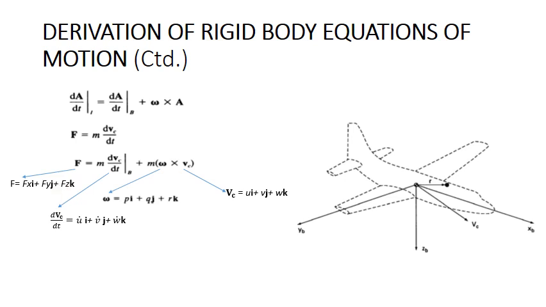Equating i, j, and k coefficients from both the right-hand side and left-hand side of this equation, we get the following three equations: Fx equals m times this bracket, Fy equals m times this bracket, Fz equals m times this bracket.